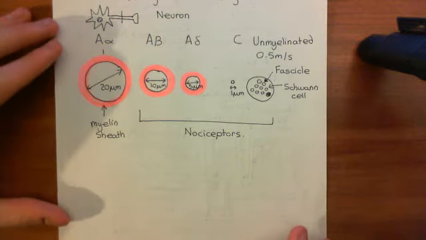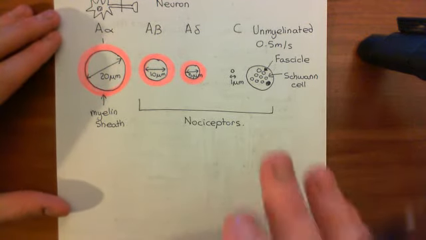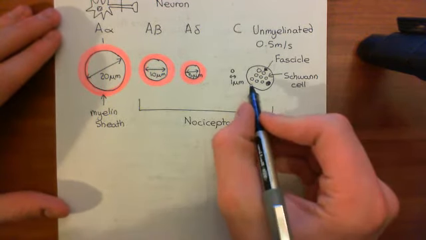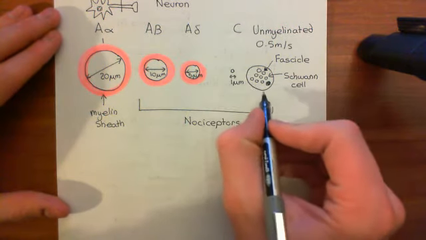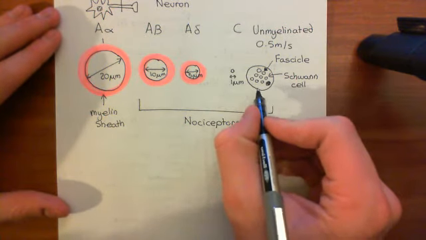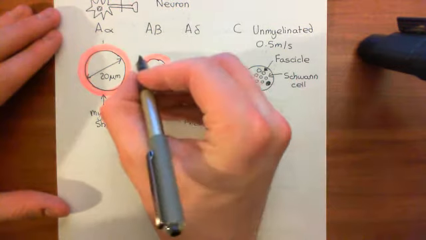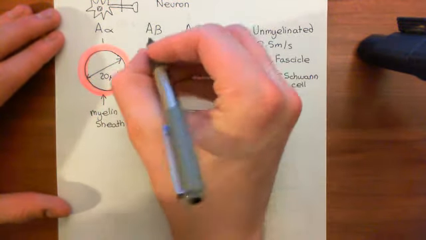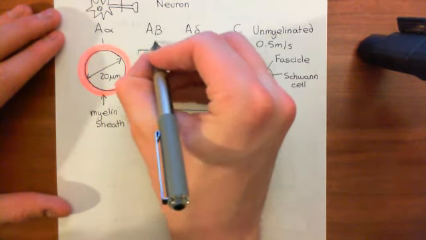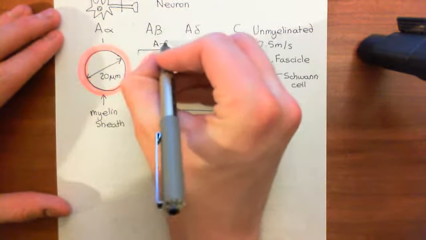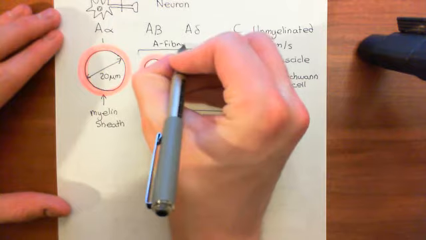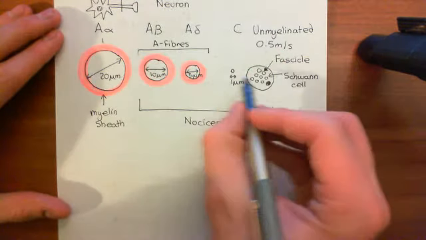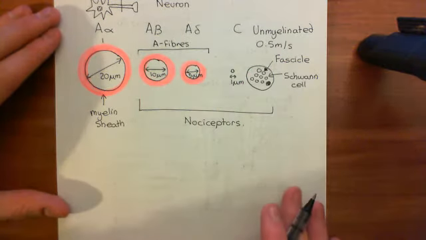So basically what I want to now start with is differentiating the different nociceptors. We'll group the A beta and the A delta nociceptors together as the A fibers, and we will then discuss the C fibers and the A fibers.